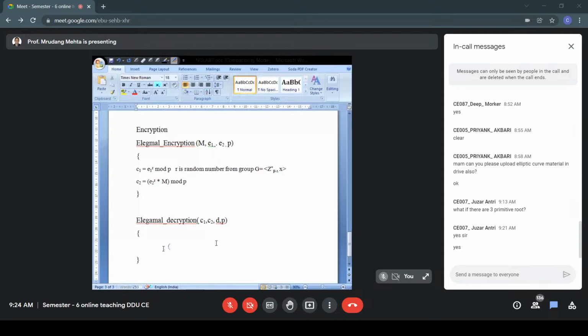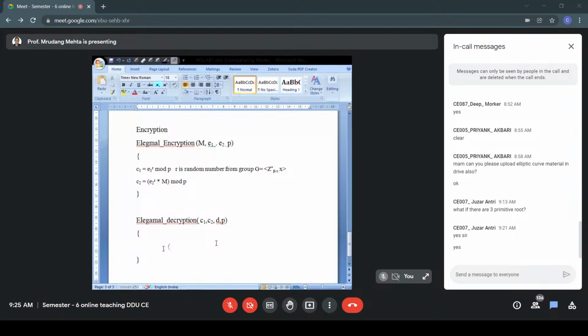And then you take mod P. So you perform the mod P operation three times: C2 mod P, C1 raised to D mod P and its inverse, and then C2 multiplied by the inverse of C1 raised to D, and the result of that multiplication mod P. So three times you apply the mod P operation.